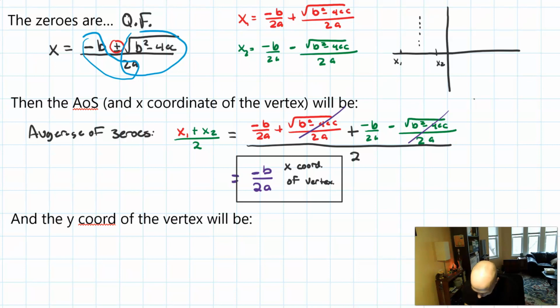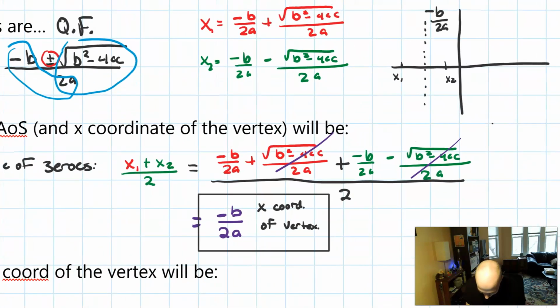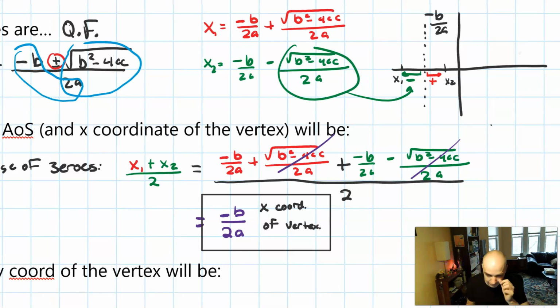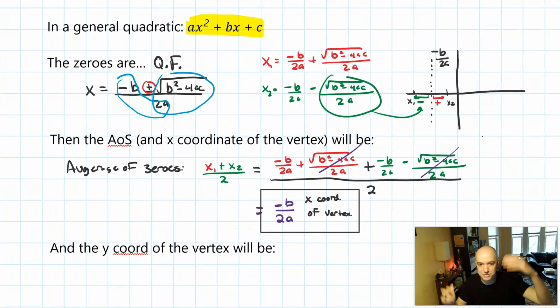Somewhere in between them is the axis of symmetry, which is negative b over 2a. And the plus or minus is basically saying, go a little bit to the plus side and a little bit to the minus side with this factor of the square root of b squared minus 4ac over 2a, and that'll tell you the zeros. That is, the quadratic formula is telling you that the zeros are always centered on the axis of symmetry.